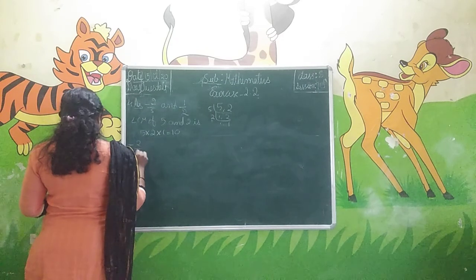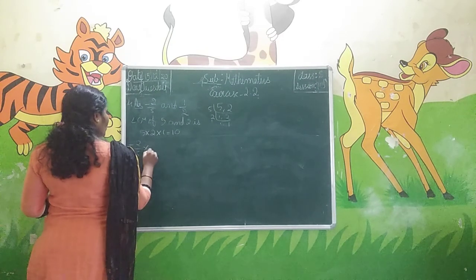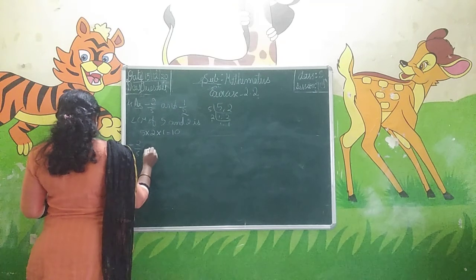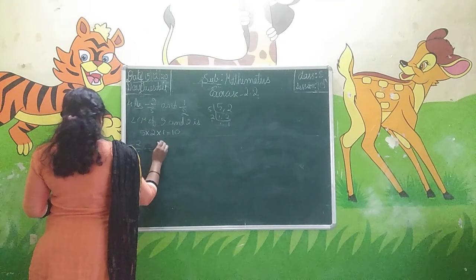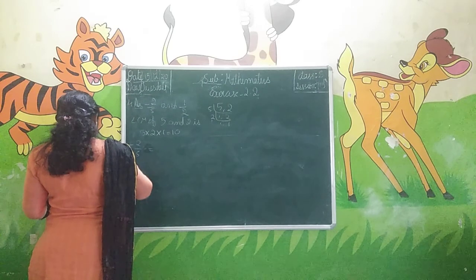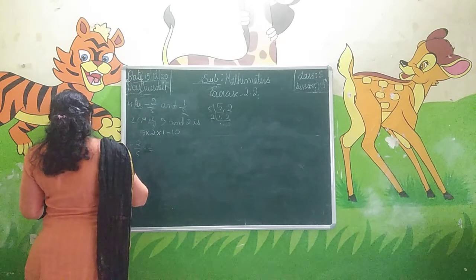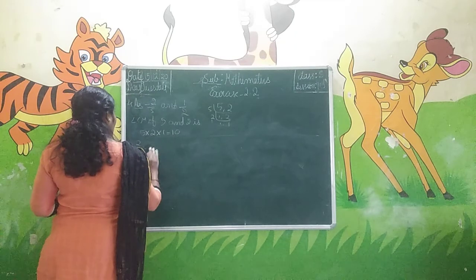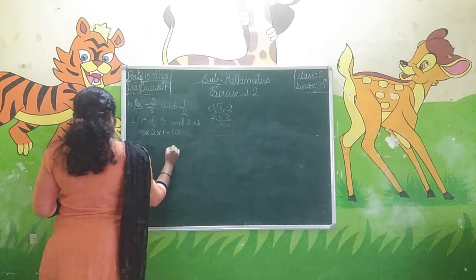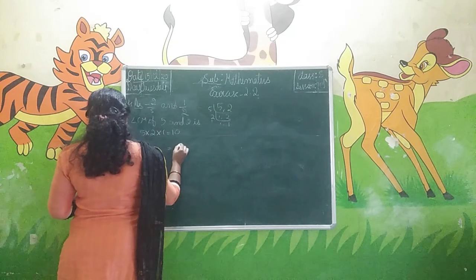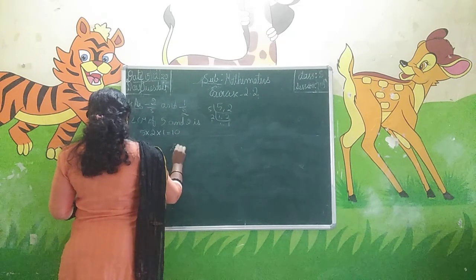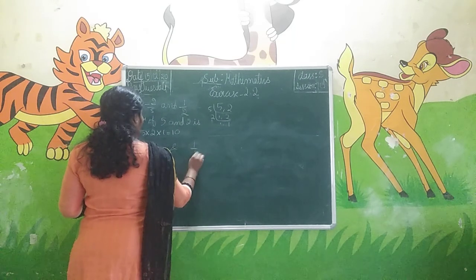Minus 2 by 5, we have to form into an equivalent fraction. And 1 by 2.